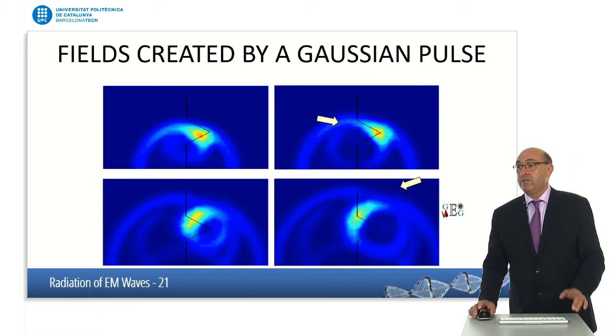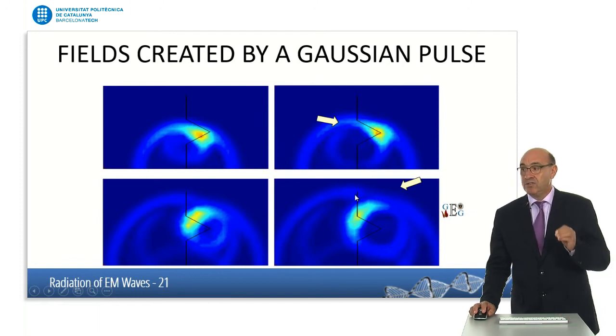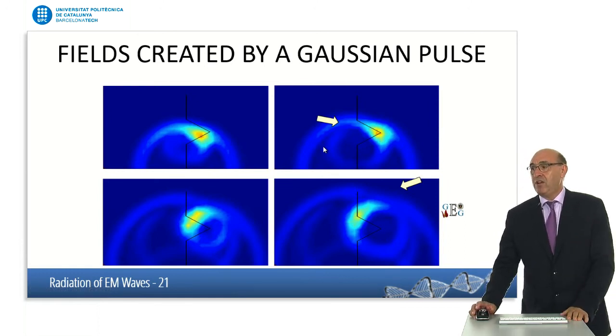But each one of them, remember, is being produced when the pulse just changes along those points or reaches the end. And this is where the charges are subject to acceleration. So to have those fields, remember, we have to accelerate the charges.